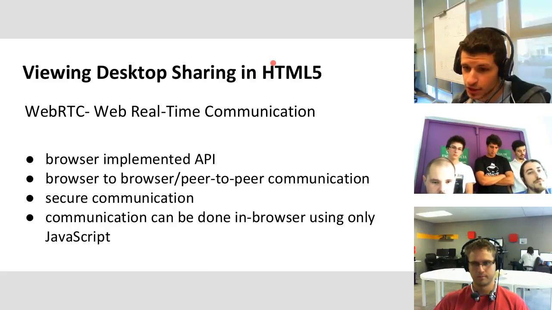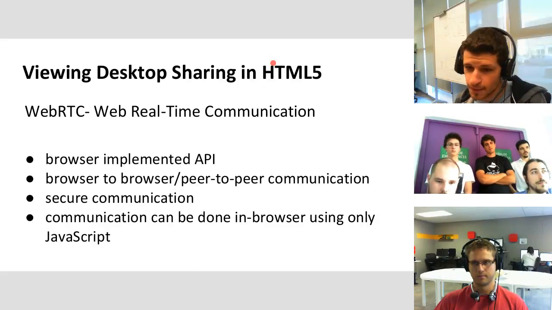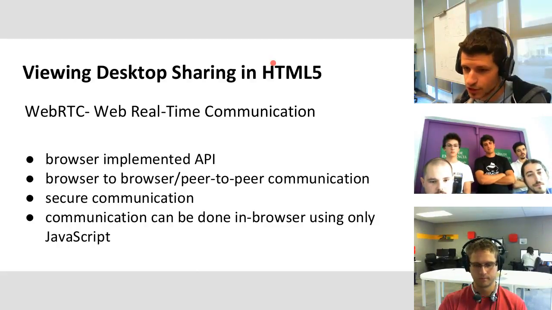It's a secure communication channel for WebRTC desktop sharing, over secure WebSockets. And because it's a browser-implemented API, the communication can be done in the browser using only JavaScript. So client-side JavaScript code can communicate with another web browser, or in this case, communicate with a server.